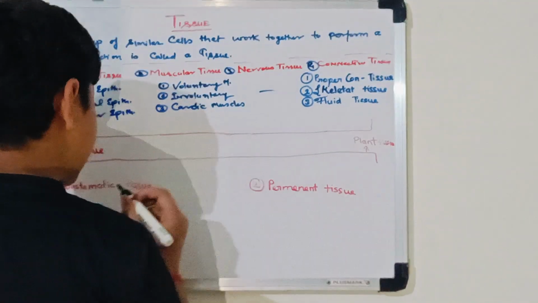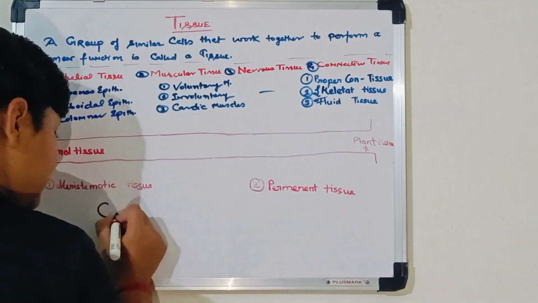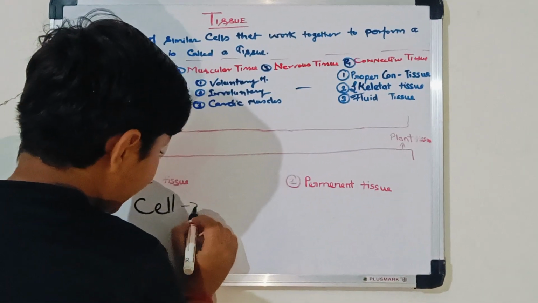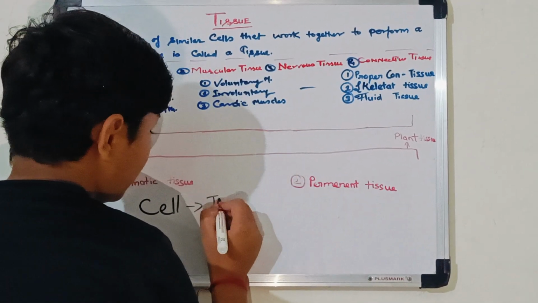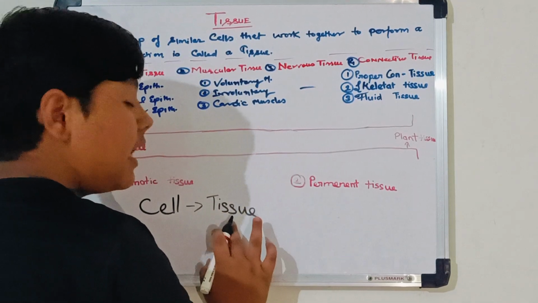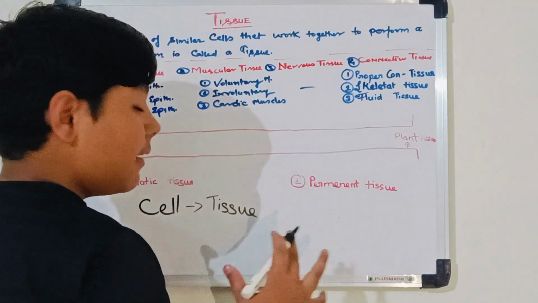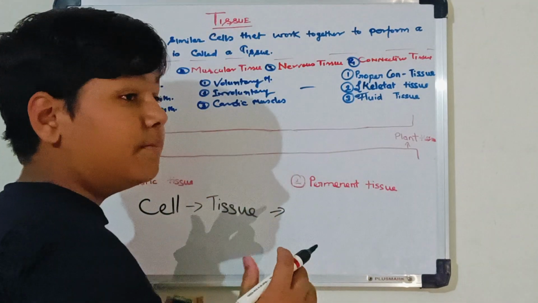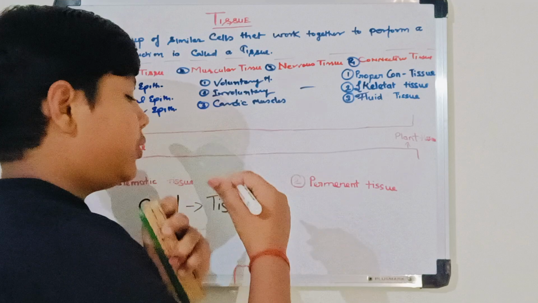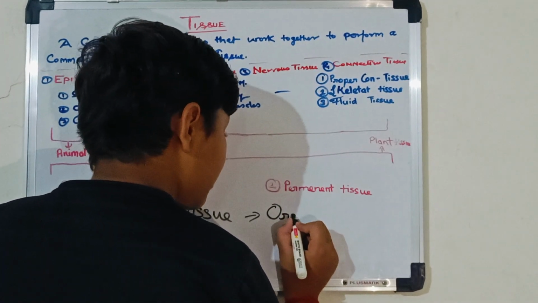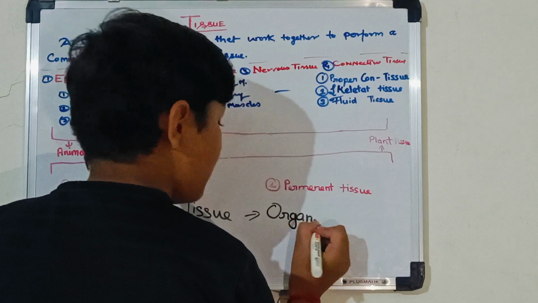The flowchart starts, first unit is cell. After cell, it comes to tissue. When many cells combine together, the tissue is formed. After that, when many tissues combine together, one organ is formed.